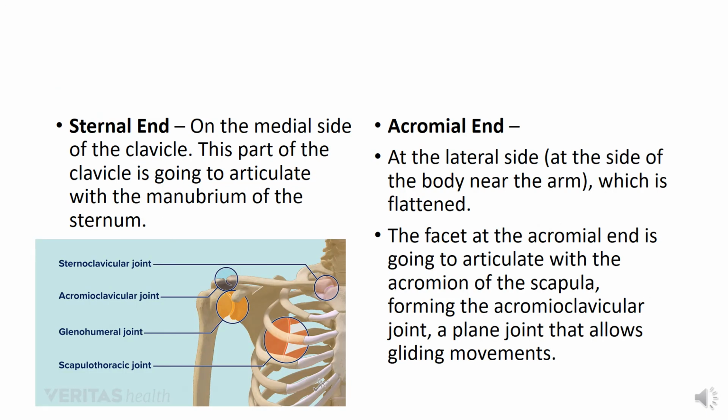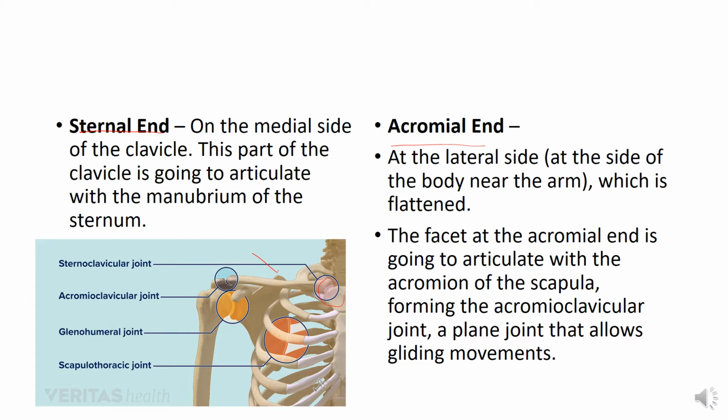If you observe this bone, it has a sternal end which is towards the sternum on the medial side, and an acromial end which is lying laterally. So the sternal part is on the medial side of the clavicle.